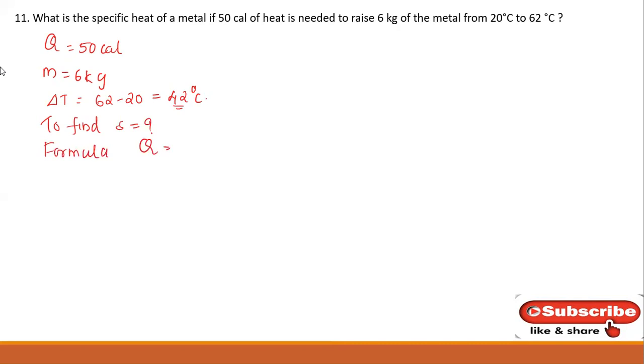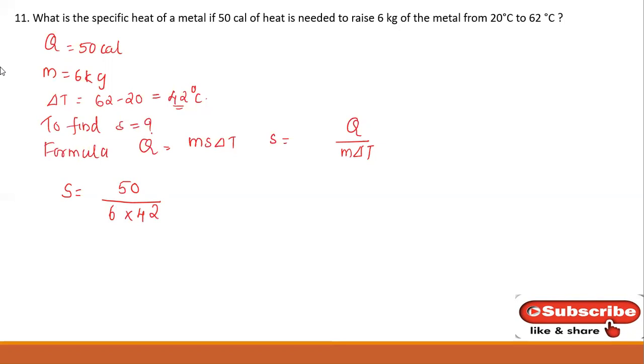Q is equal to ms delta T, or S is equal to Q upon M into delta T. On substituting, we will get S is equal to Q upon M into delta T: Q is 50, M is 6, delta T is 42.